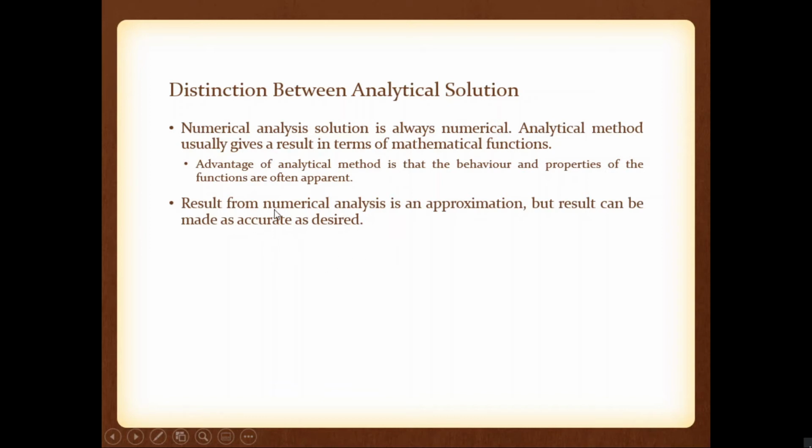Now, the result from numerical analysis is an approximation only. For example, what is the root of x square equal to 5? The numerical method will not give the exact answer. For explanation purposes, say the root of 5 is 2.213567, something like that.